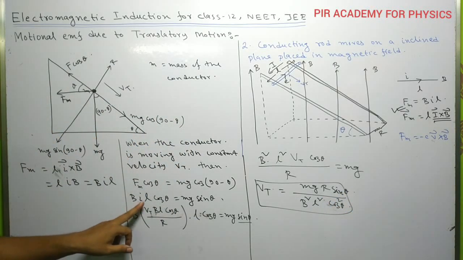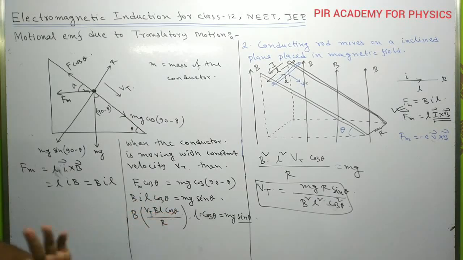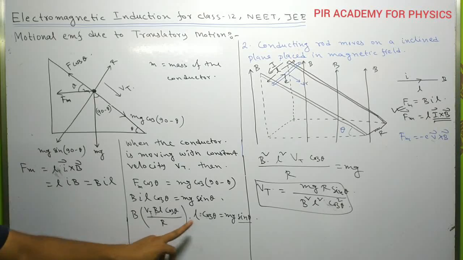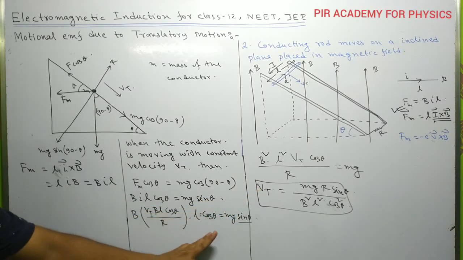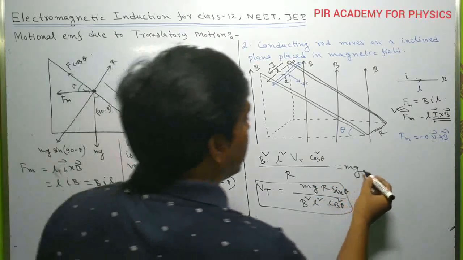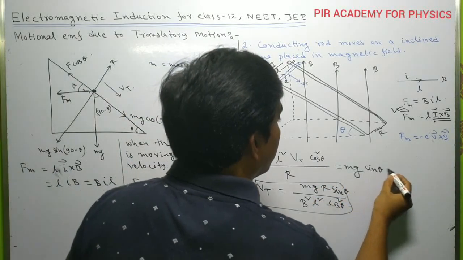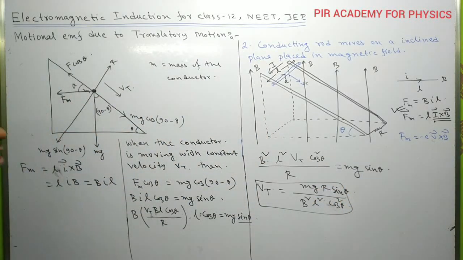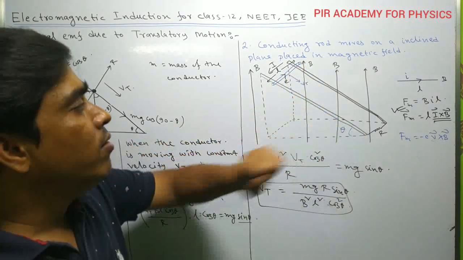Here the B i L cos theta, where I equals V t B L cos theta by R, also has a cos theta, so cos square theta, and mg sin theta. That means V t equals mg R sin theta by B square L square cos square theta. This is the velocity of this conductor.